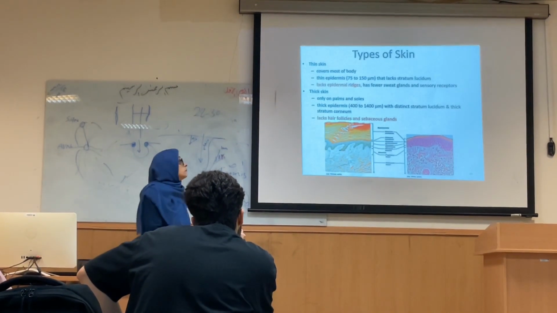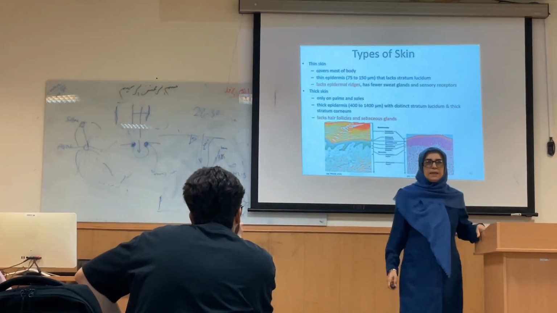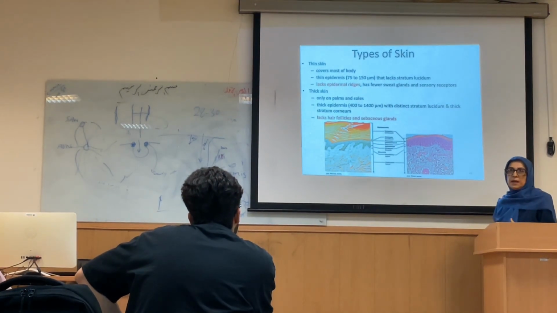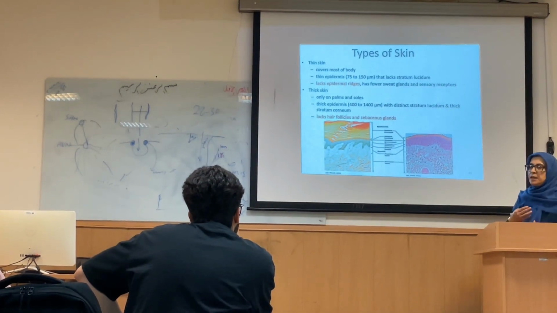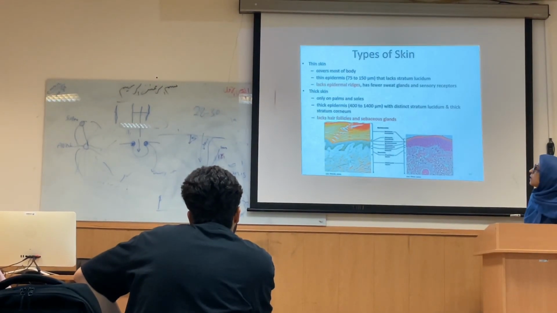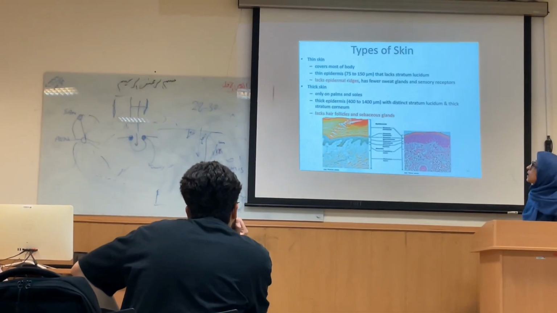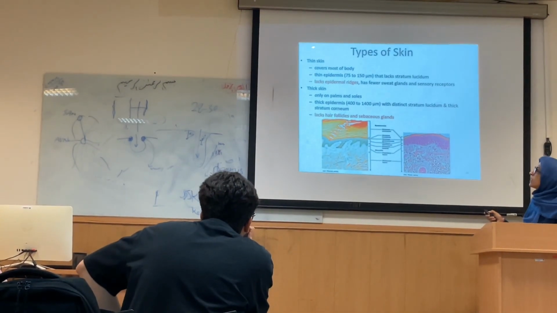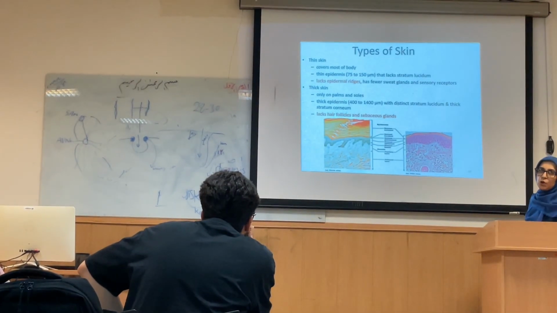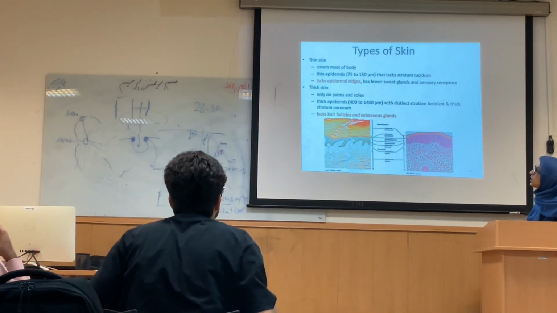Finally, there are two types of skin in our body, thin and thick skin. The structures and characteristics that I explained for you are in both of them, but they have some differences. Thin skin covers the whole body except the palms and soles, which are thick skin.